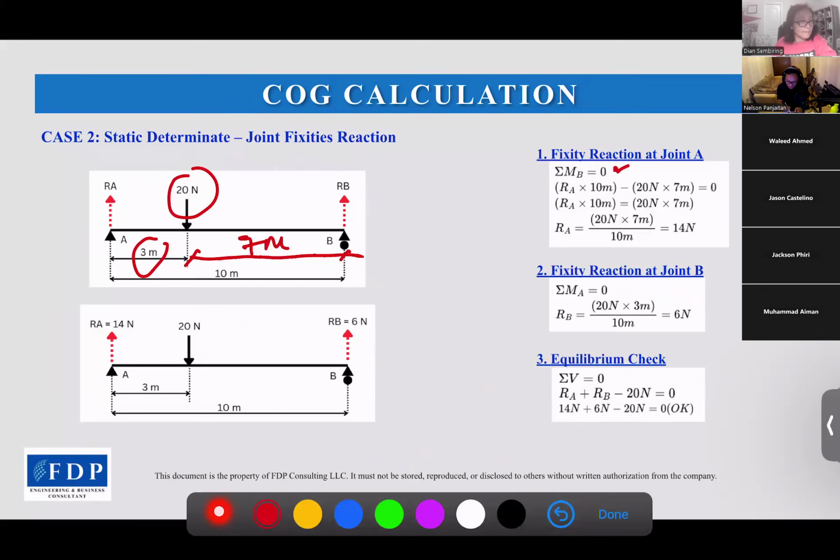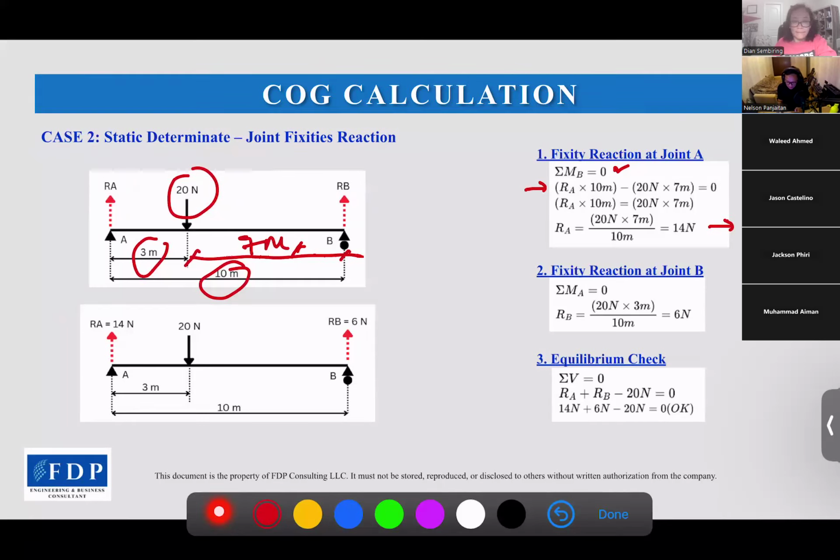The moment at B is reaction at A times 10 meters, the distance to B, minus 20 Newton times 7 meters, the distance to B. Then we get the reaction at joint A is 14 Newton.